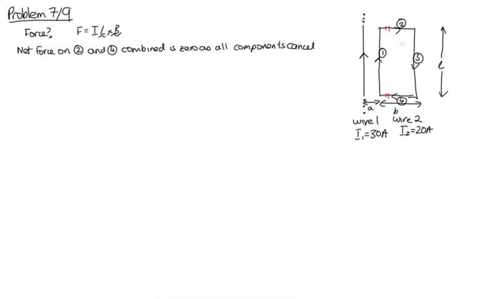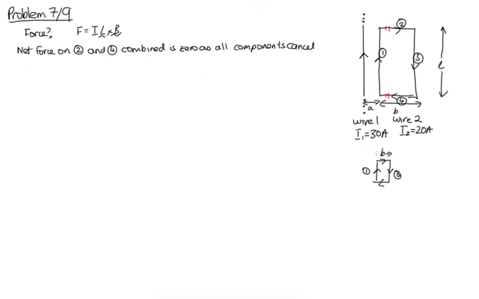Okay, so now we're going to consider the forces on sides 1 and 3. We'll start by just considering the forces due to wire 2. So we're going to now ignore wire 1, and we've got a current going this way with their sides 1, their sides 3.